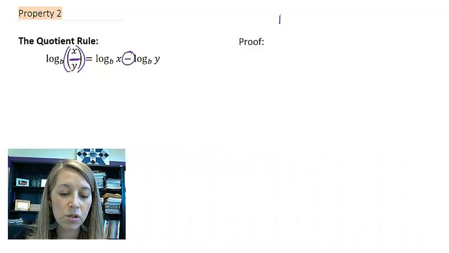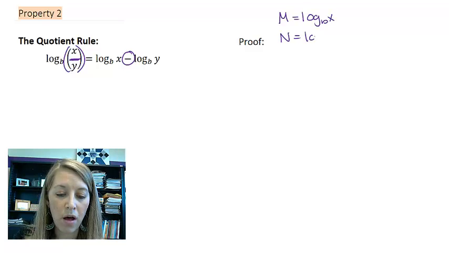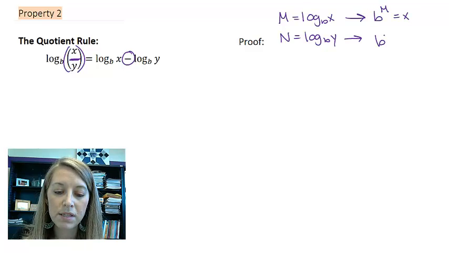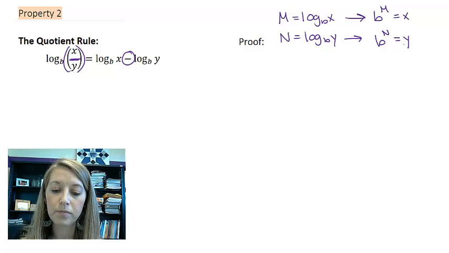So let's make a substitution. Let m equal the log base b of x, and then n be the log base b of y. If I rewrite those in exponential format, that gives me b to the m is equal to x, and b to the n is equal to y.